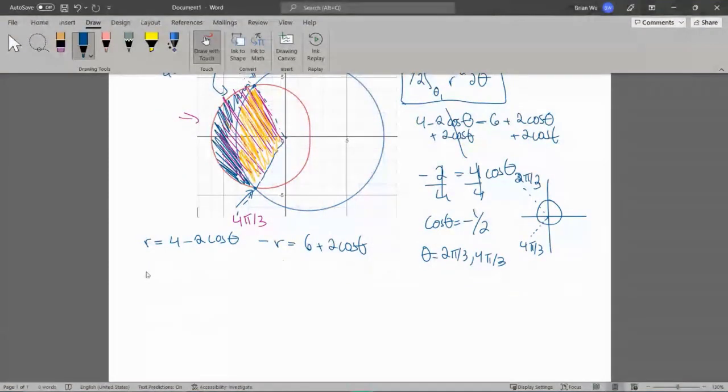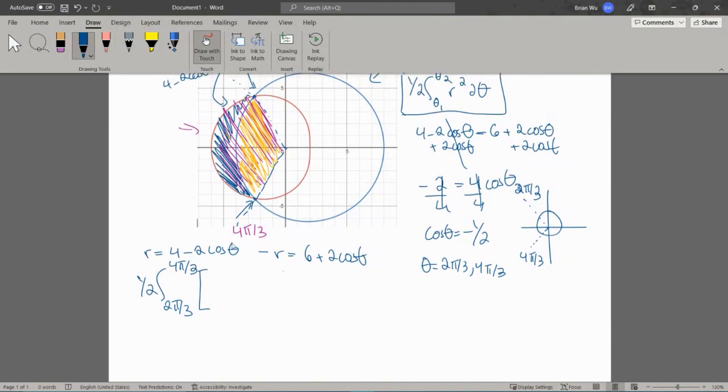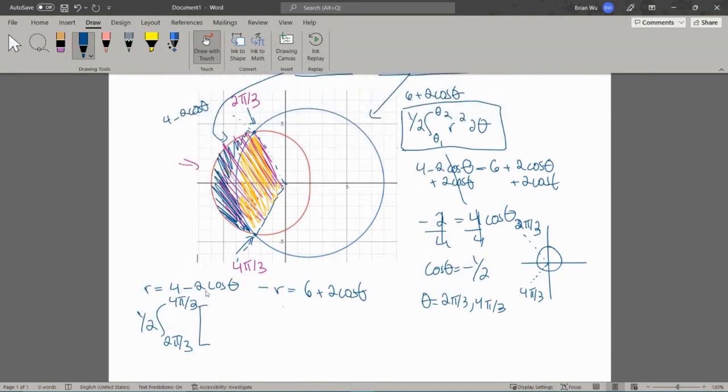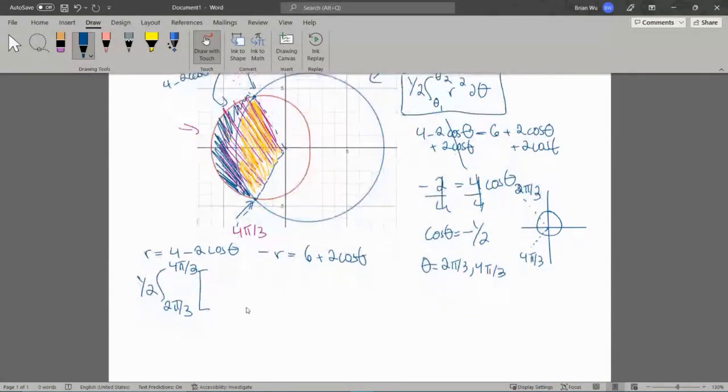So we can do 1/2 times the integral from 2 pi over 3 to 4 pi over 3. And that's going to be this area, right? That's the whole thing, subtracted by the small one. And that's going to be this outside area, right?